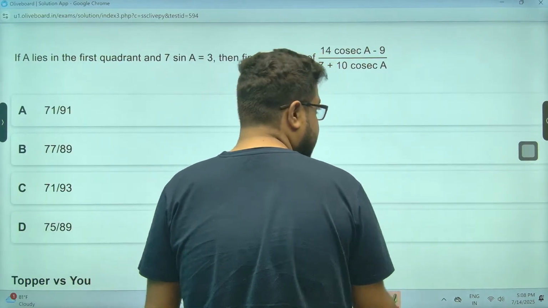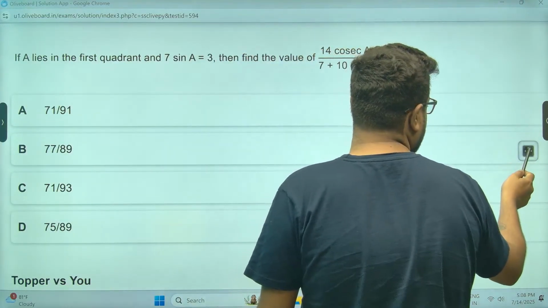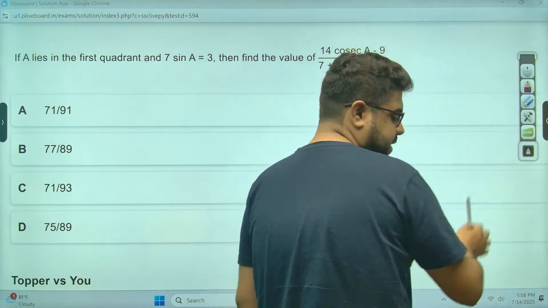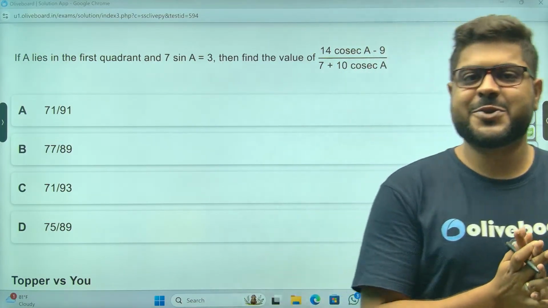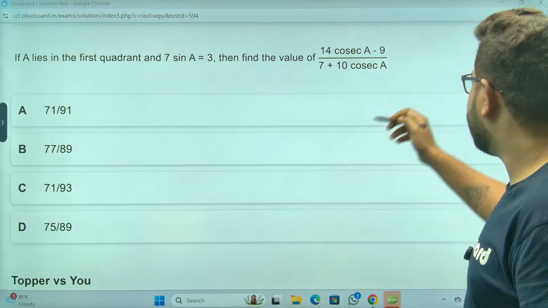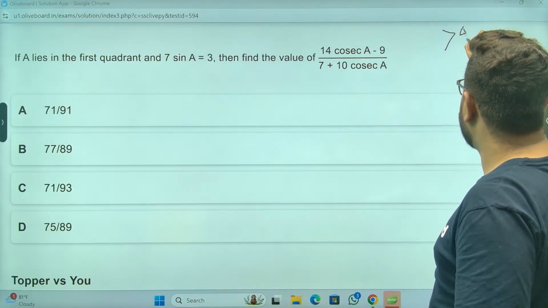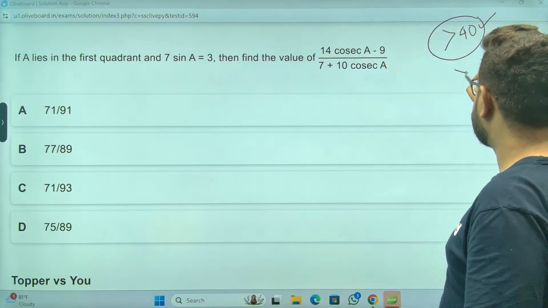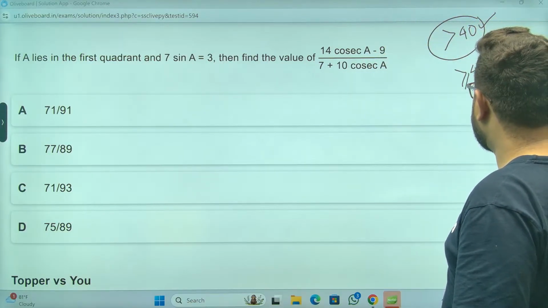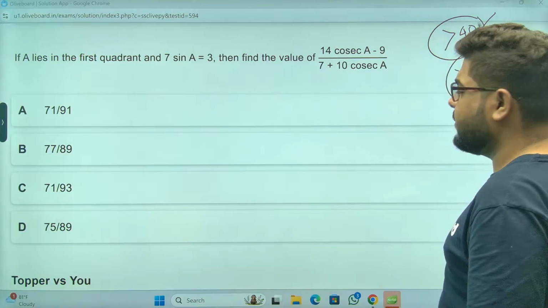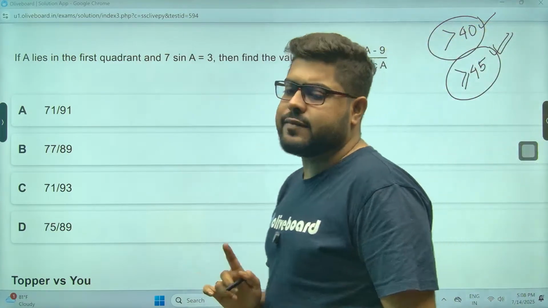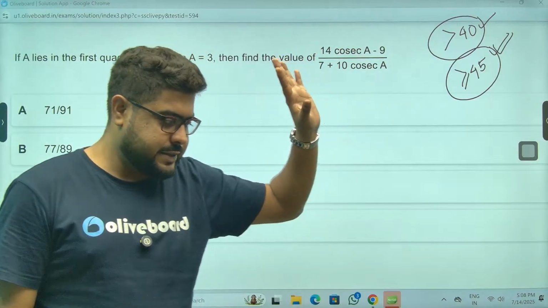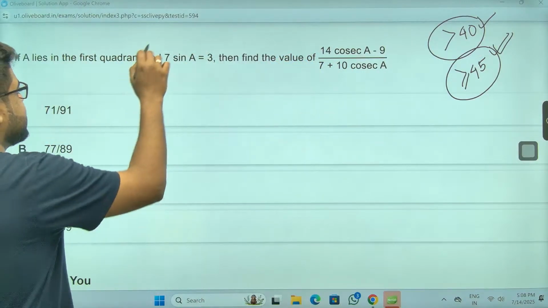Before I start, I would really like to know how the test was for everyone. Was it good? Did it feel difficult? How much did you score? Was it above 40? If you have scored above 40, that can be considered good. If you have scored above 45, that can be considered very, very good. And if you're scoring less than 40, you still need to do a little bit of work on this section. That's all.